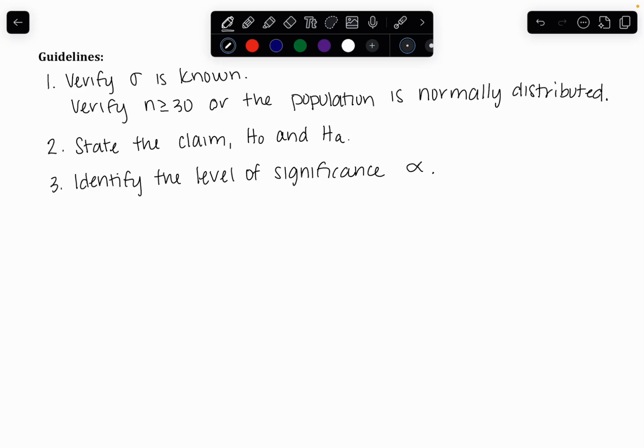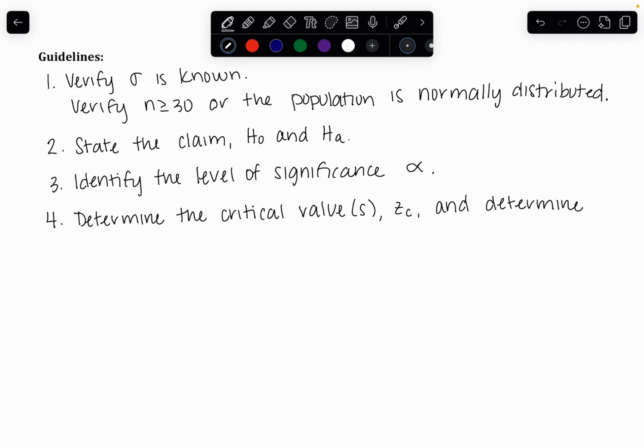Once we know alpha, we can determine the critical value or values, z sub c, and determine the rejection region. This is where I recommend you sketch the graph.